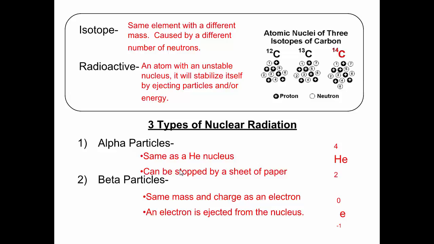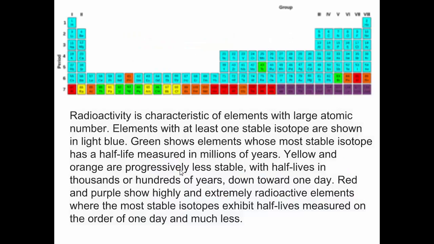So some elements are radioactive and are prone to decay at certain points. You don't have this slide, but this shows the periodic table in its full form with the radioactivity of the elements color-coded.